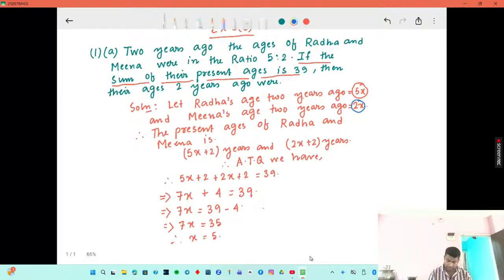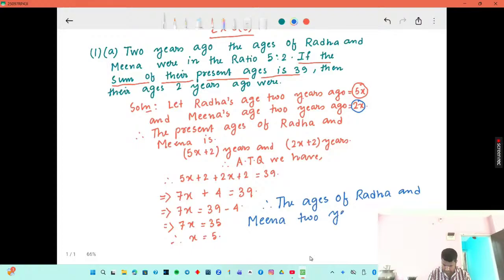Therefore the ages of Radha and Meena 2 years ago are 5 into 5 and 2 into 5, that is 25 years and 10 years respectively.